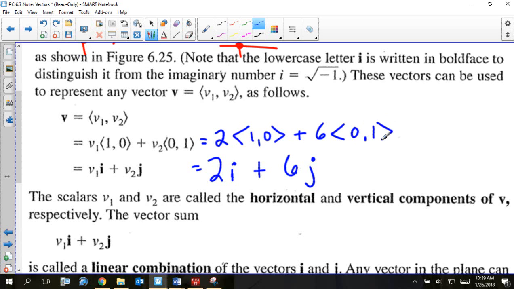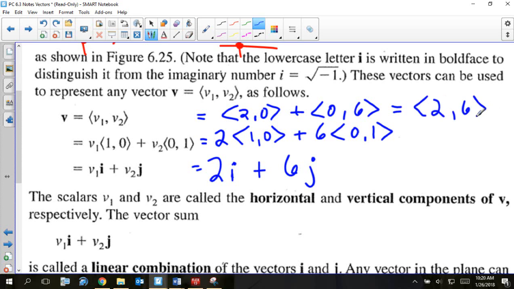So here, if I have a scalar outside of this unit vector, and I want to multiply them together, then I'm just going to multiply each number by 2. So we'll have 2, 0, plus, same thing over here, 0, 6. Now when I add those together, which you should have done in your assignment last night, you add the x's together and you add the y's together, and we have 2, 6. And that's our component form.